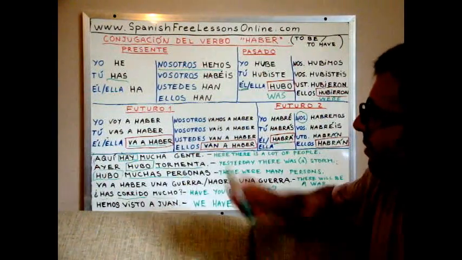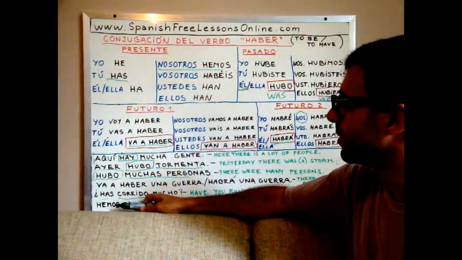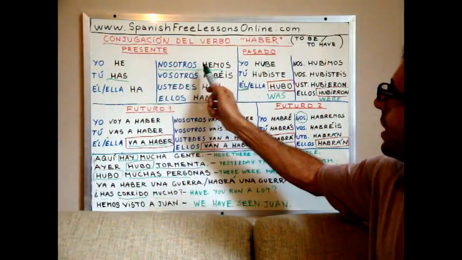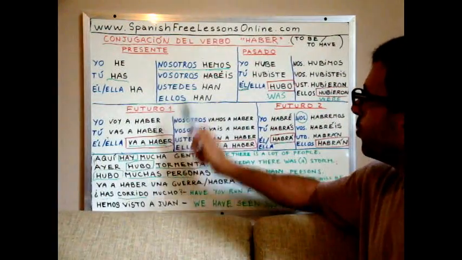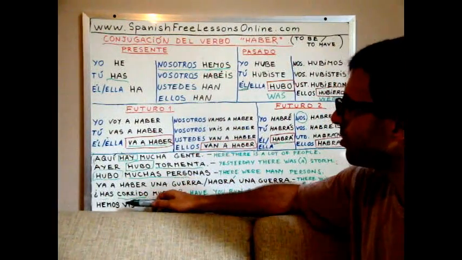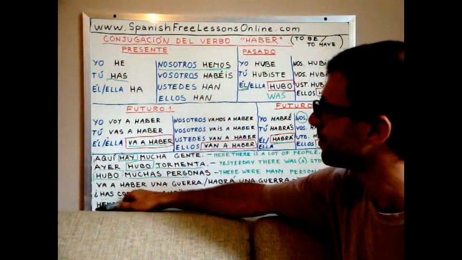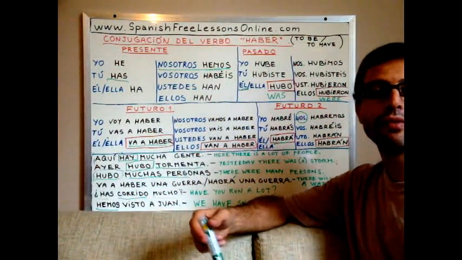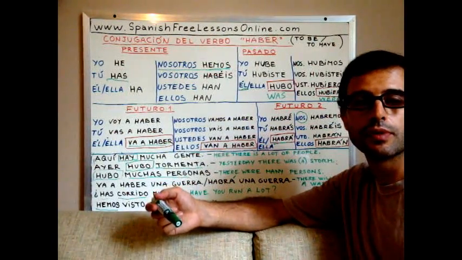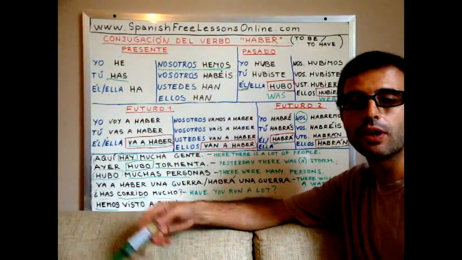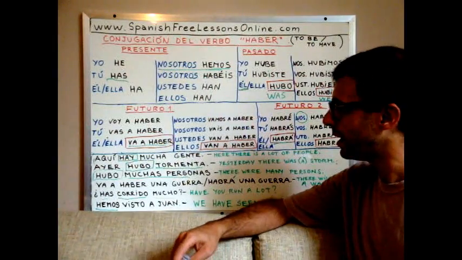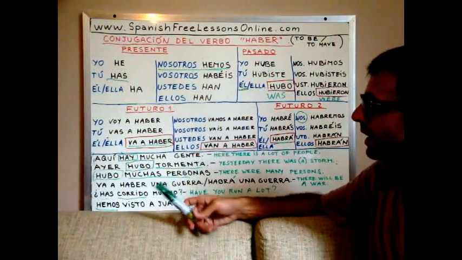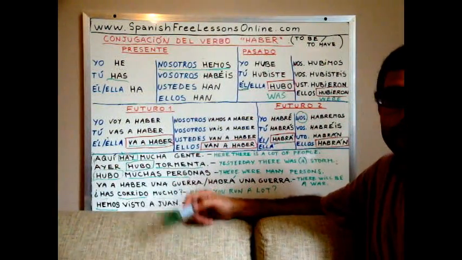So we have seen Juan. If this is a present perfect, then this is a verb haber in present. Nosotros hemos, right? We have. Hemos visto a Juan. And when we say we have seen somebody, or we have seen something, in Spanish we cannot omit the article, right? Sorry, if not the article, at least the word a, right?